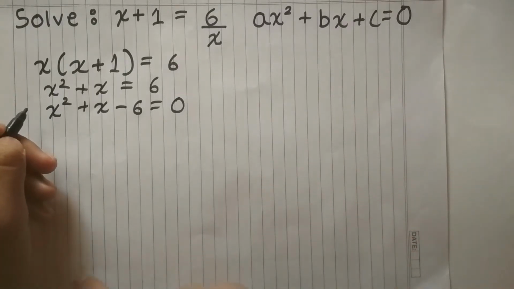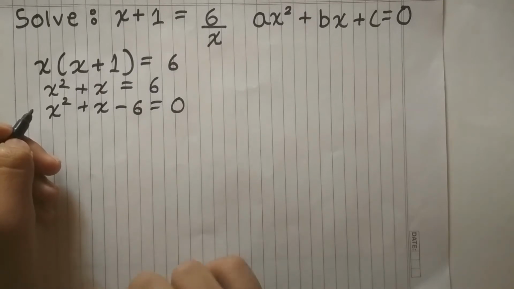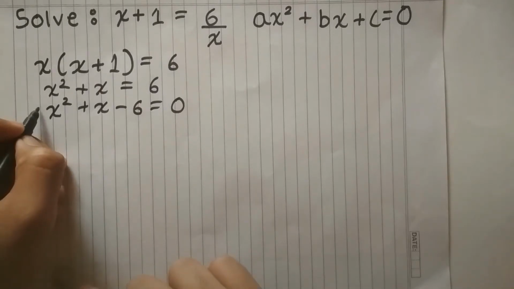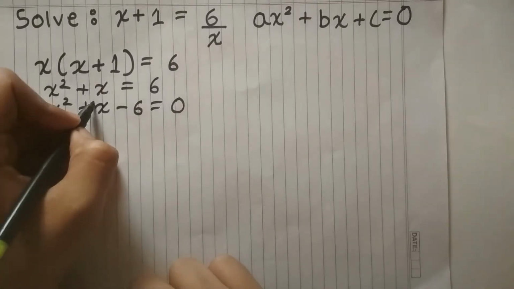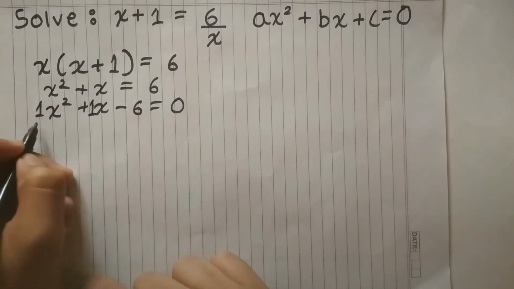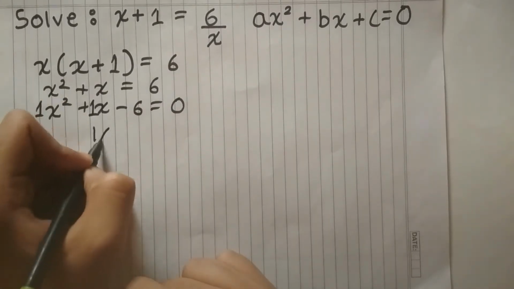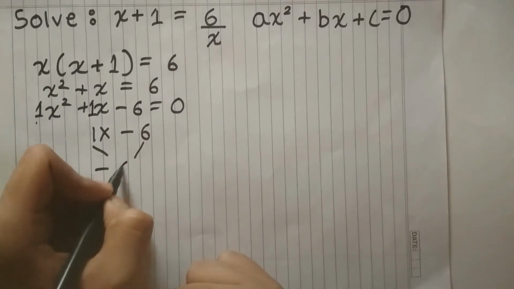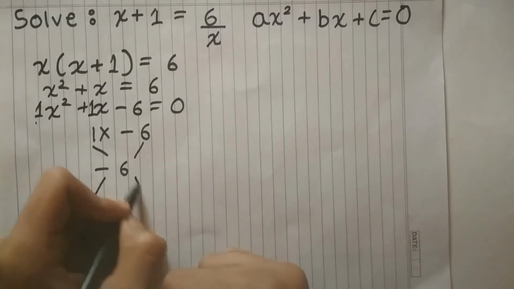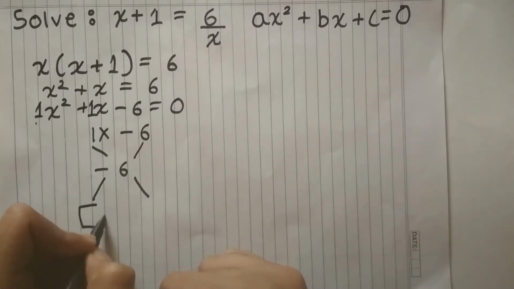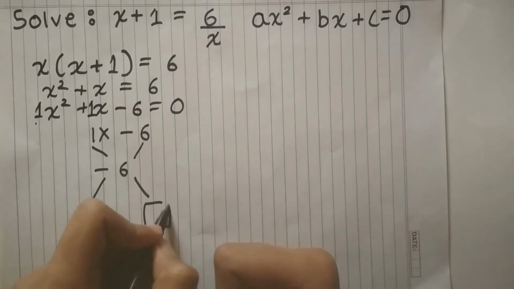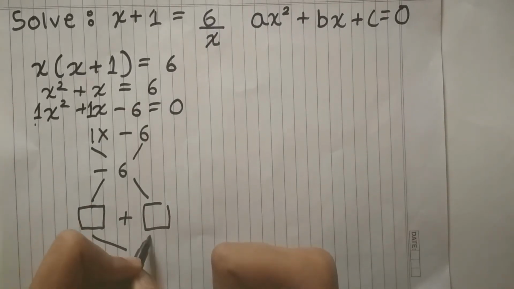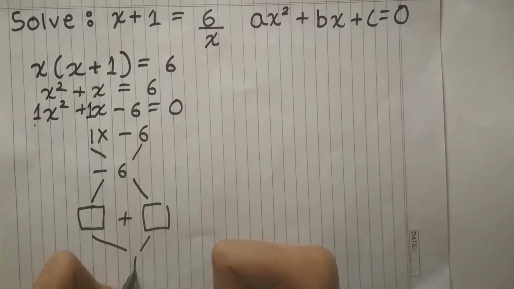Now here we'll solve all questions using the factorization method. So for that we'll write here 1 and 1, and 1 into minus 6 gives minus 6. Now we have to find two factors of minus 6 whose sum will give us 1.